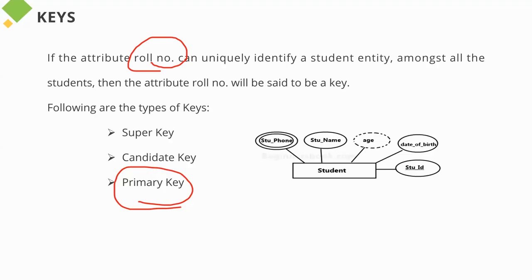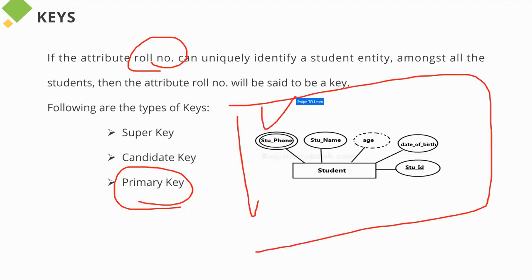And these are all the representations. If you see student phone, student name, age, these are all attributes. Attributes can also be keys if they have a unique ID. Suppose student phone will be unique, and student name might be unique or not, as two students may also have the same name.